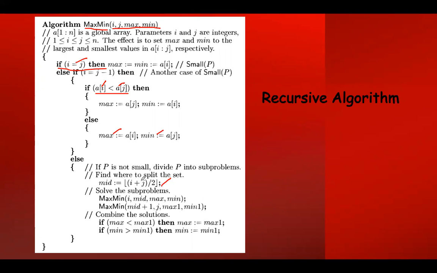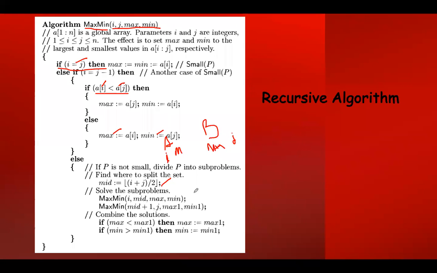The first array, part A, has first element i and last element mid. The second array, part B, has first element mid plus 1 and last element j.